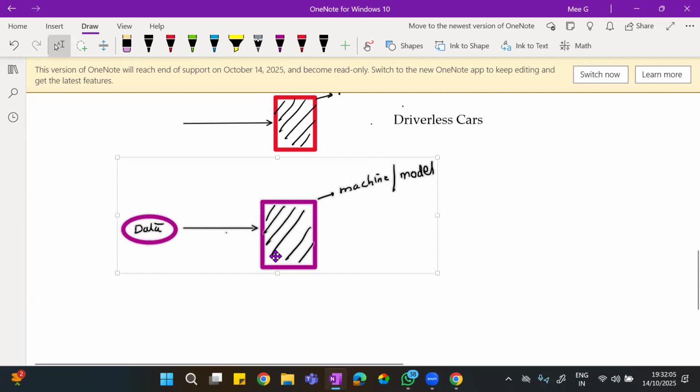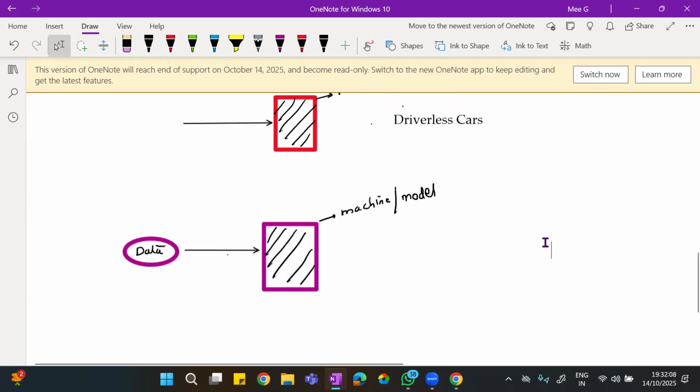Please repeat that word, sir. Intelligence. Yes, sir. When we are giving the data to the model, which as of now you can take as a machine, this model will extract the intelligence from the data, the relationships and insights from the data, and it will become intelligent.